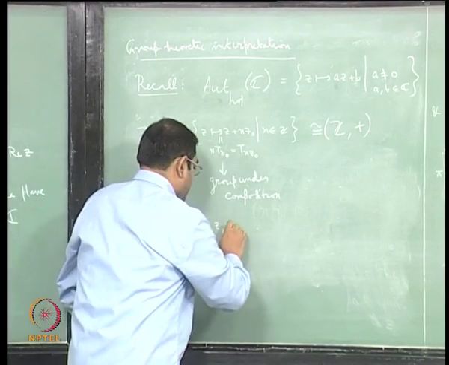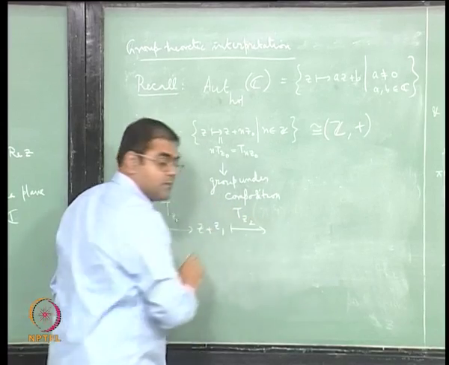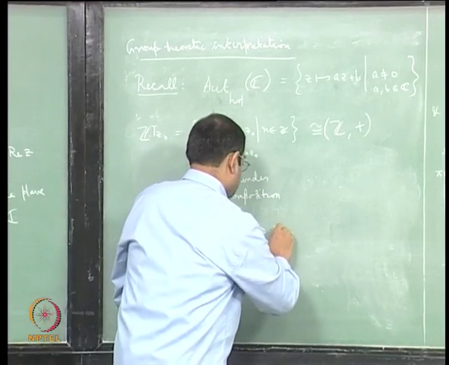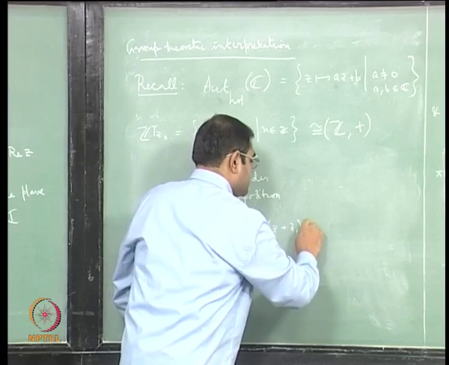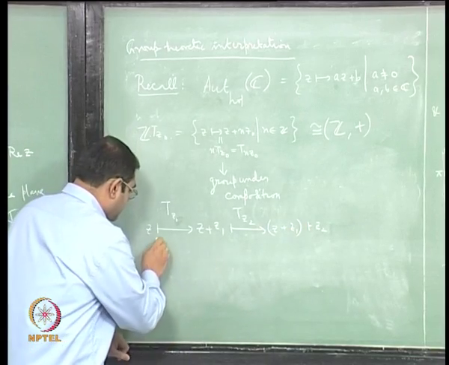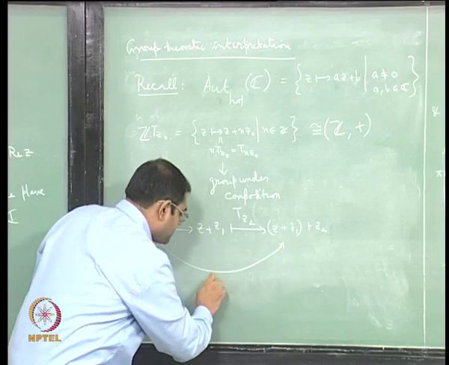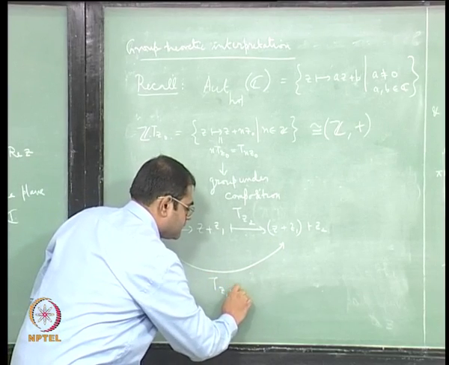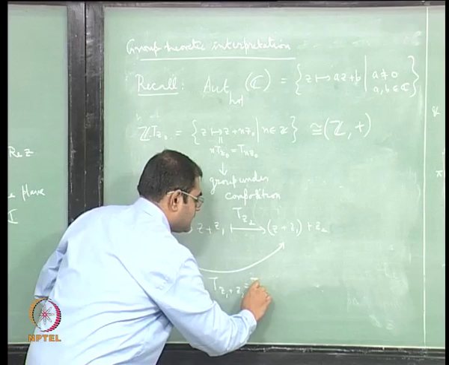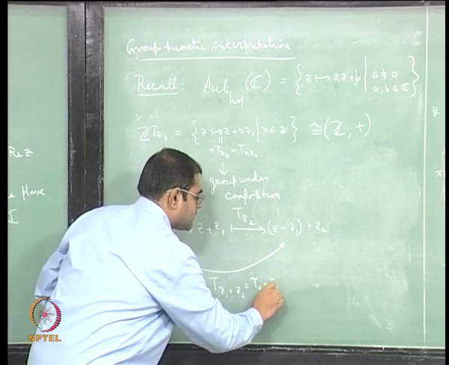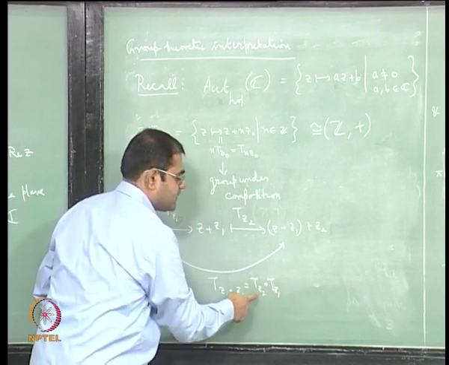Then if I apply T z2, I get z plus z1 plus z2, and you can see that this composition is just T of z1 plus z2: first apply T z1, then apply T z2.